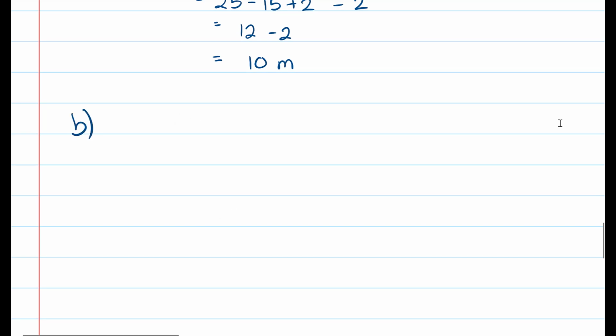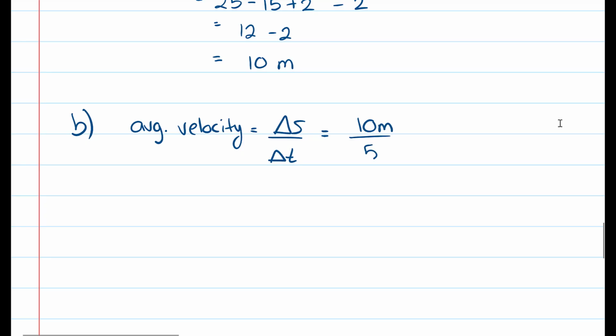For part B, we want to find the average velocity. And we know that average velocity is given as delta S divided by delta T. And we already know delta S is 10 meters, and that was from the previous problem A. And our delta T is 5 seconds. And so we get 2 meters per second is our average velocity.